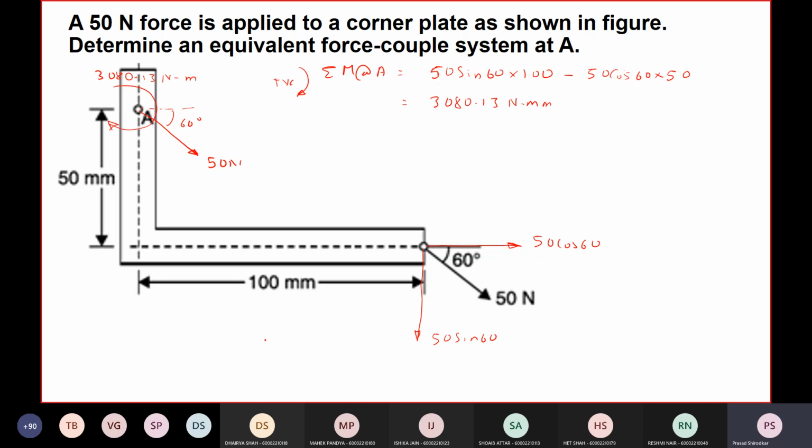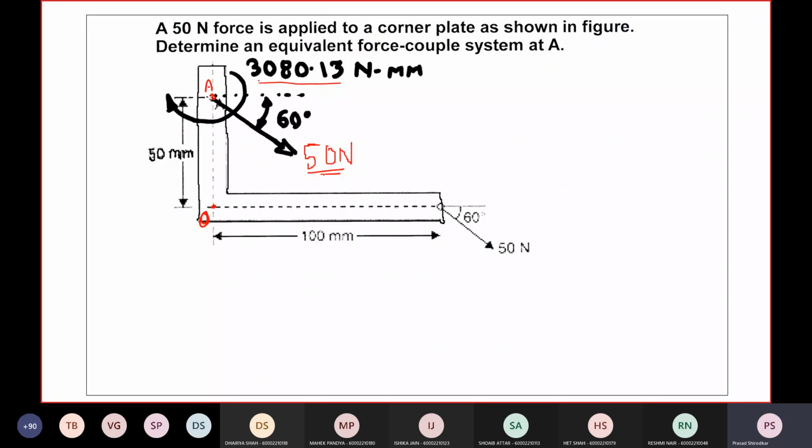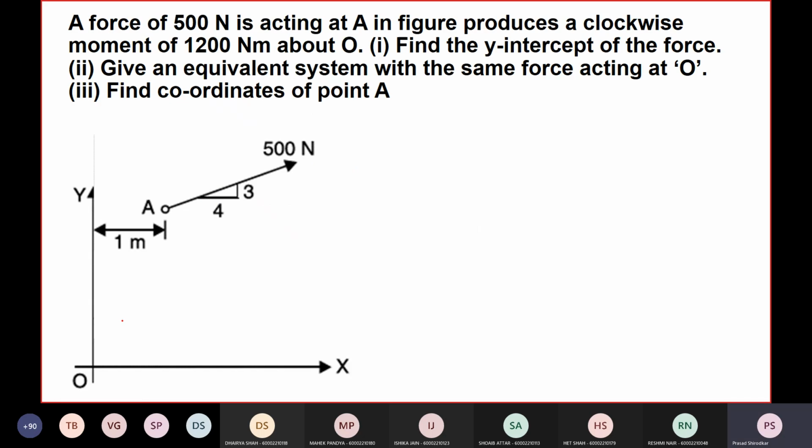All right. So your equivalent force couple system at A will be something like this. All right. Any questions? All right. So let's continue.